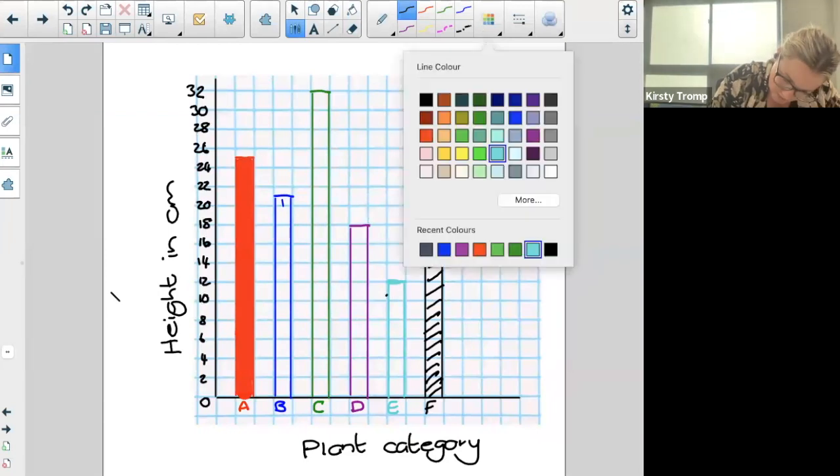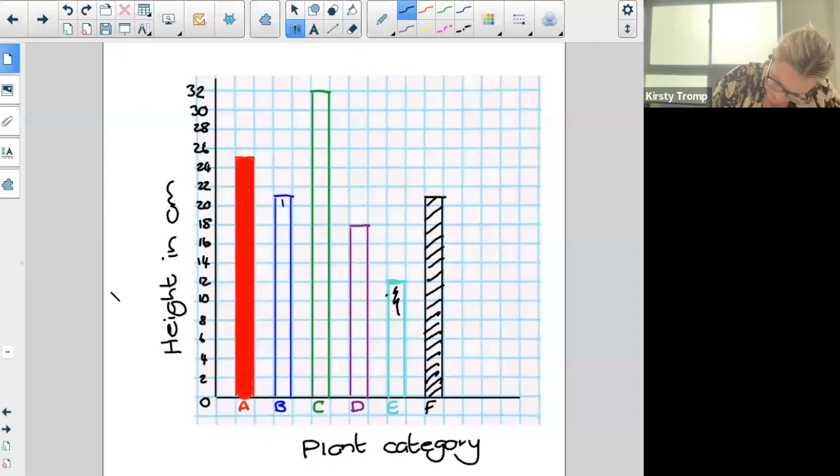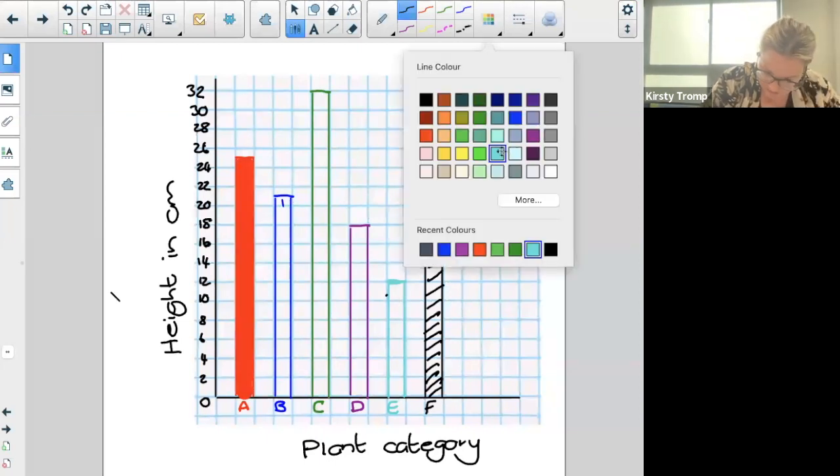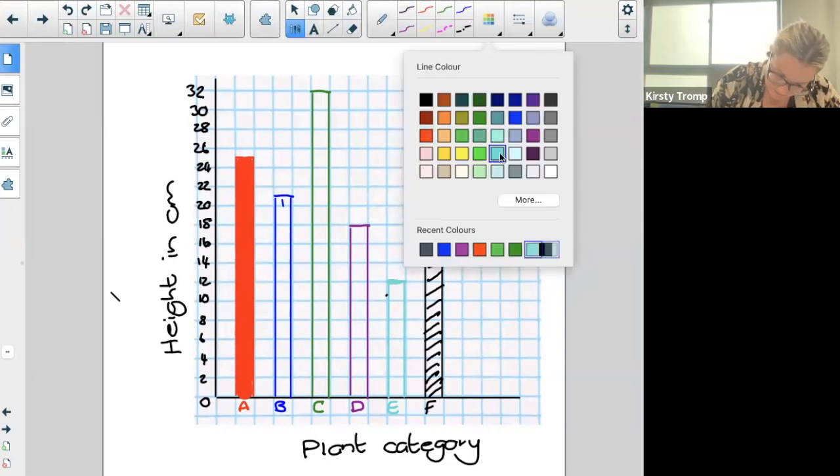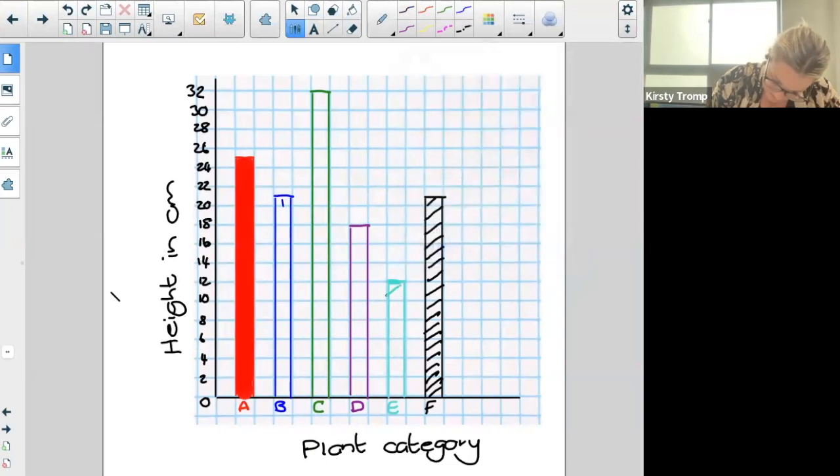Why doesn't it want to use our beautiful color? It doesn't want to pick the right color. Let's see if it'll let us do it now. There we go.